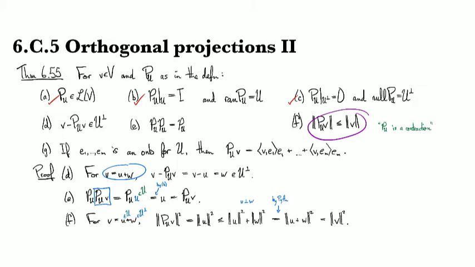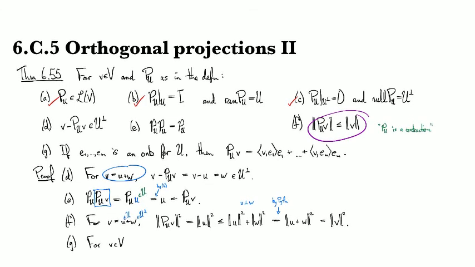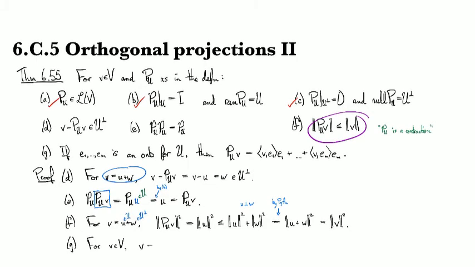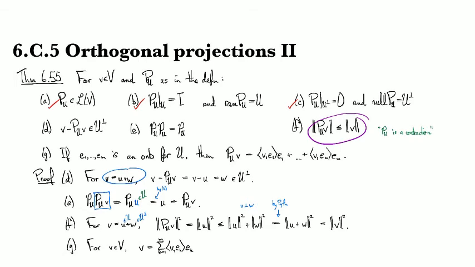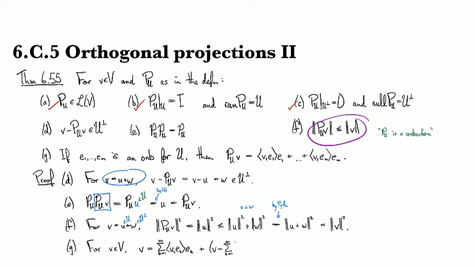All right, last part. So if we've got an orthonormal basis of E's here, then we can write V as the sum k equals 1 to M of V against EK, plus the other chunk, whatever it needs to be.